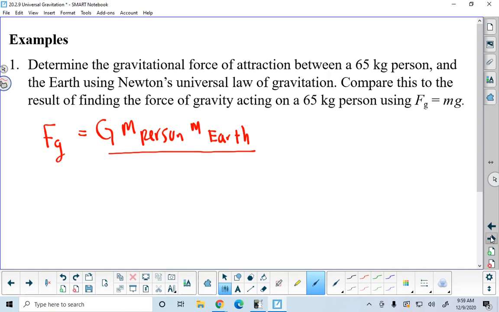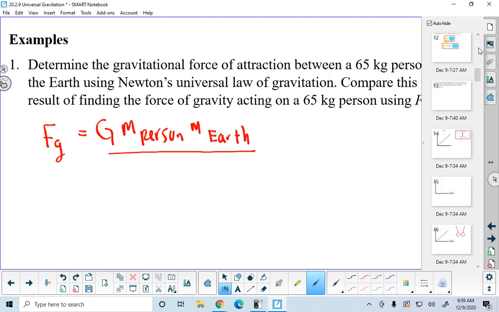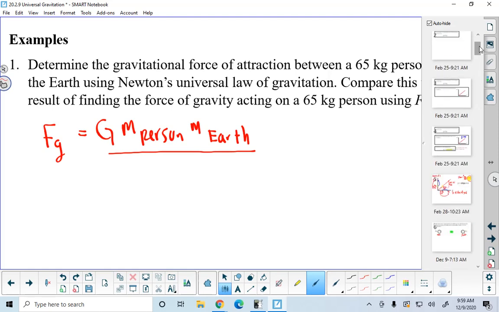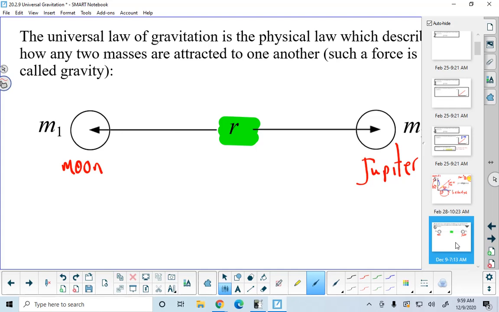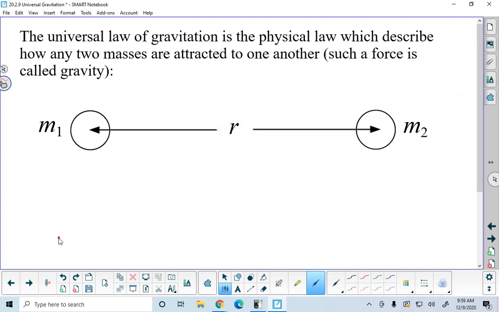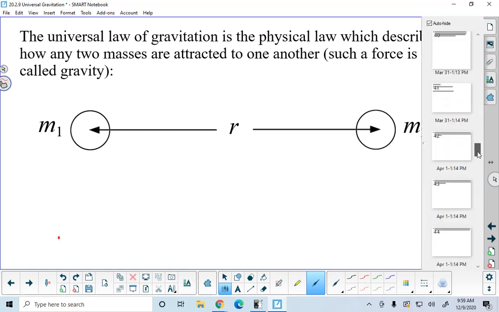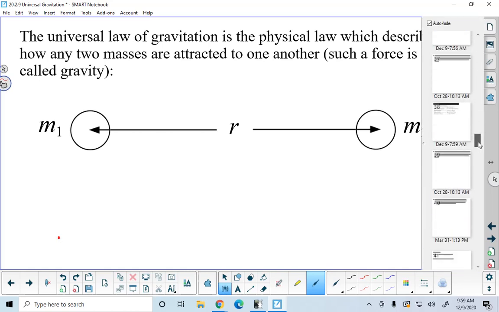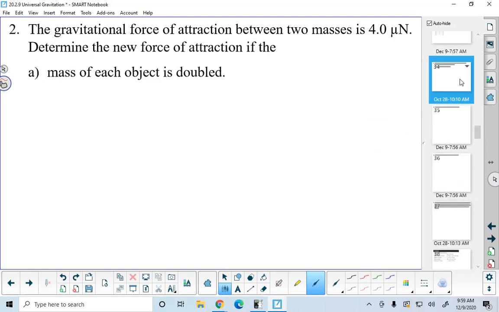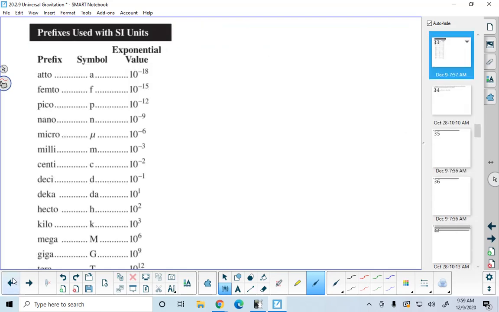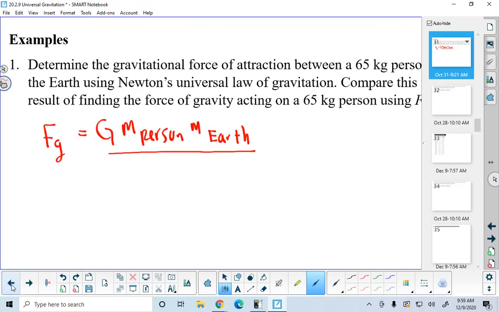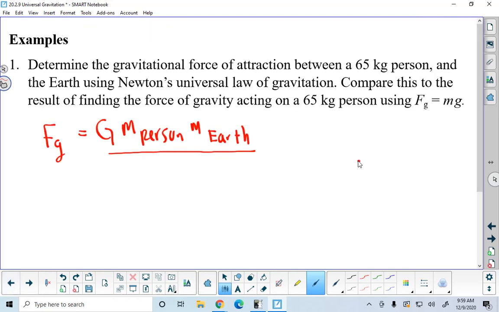If I go back and look at the original diagram that started this whole discussion, the original diagram is here. And I made a point of telling you that r is the distance from the center of one object to the center of the other object. So when we start to look at a person standing on the Earth, this is the Earth, here's the person.